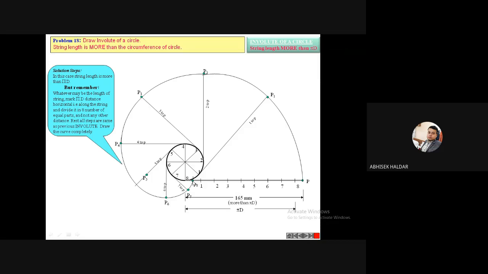This small length we have to take, and we have to join up to the periphery of the circle. After P8, we have to join up to this periphery of the circle. That will complete this drawing.